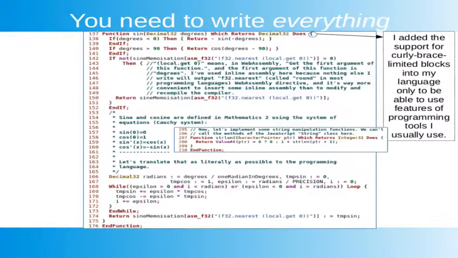So here are two examples of what I mean when I say you need to write everything yourself. If you need mathematical functions, and you are going to target WebAssembly, then unlike x86 assembly, there are no built-in mnemonics for doing sine and cosine and so on.